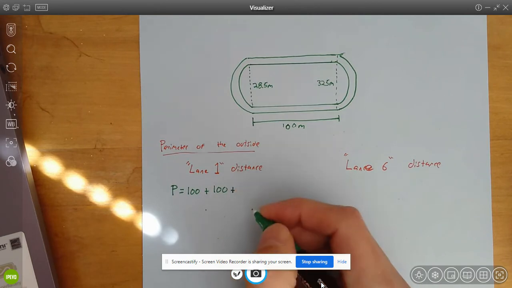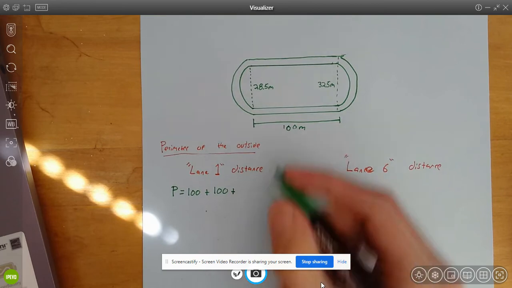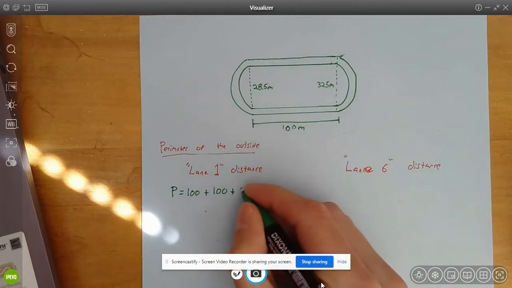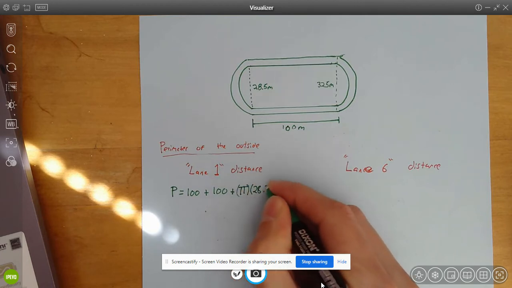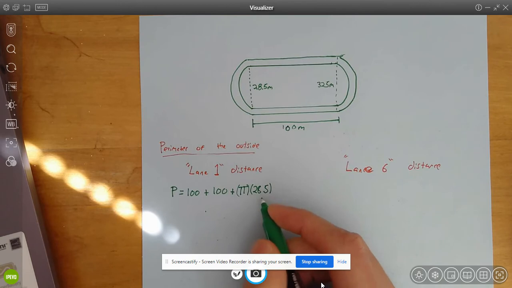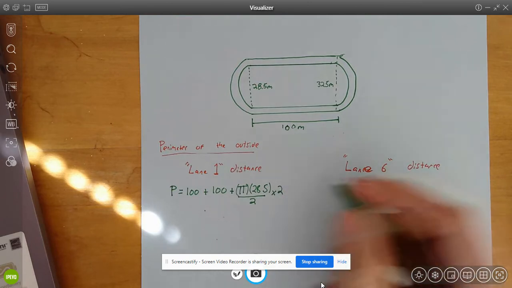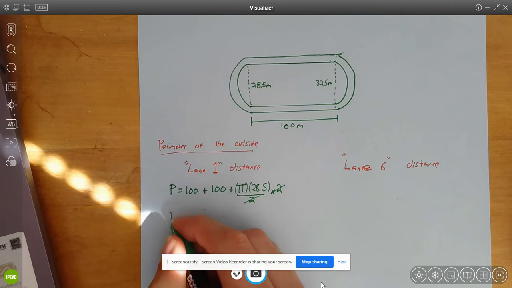We know a circle's circumference is pi times diameter. So for the inside of the small shape, that's going to be pi times 28.5. And then it's a semicircle, so I'm going to divide it by 2. But then I've got two semicircles, so I also want to multiply that by 2. So it turns out I'm just finding the perimeter of a circle. That's going to give me the perimeter of the track.